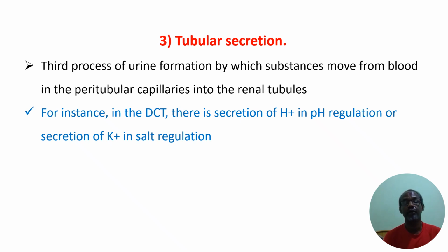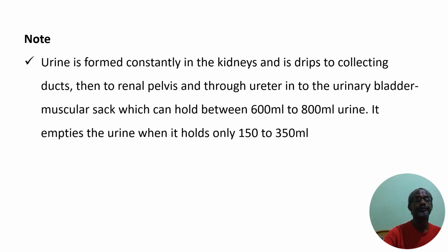Therefore, one other role of the kidney, besides excretion and osmoregulation, is that it also adjusts blood pH, and also secretion of K plus in salt regulation. When there is excess potassium in the blood, peritubular capillaries also give potassium to the tubes.